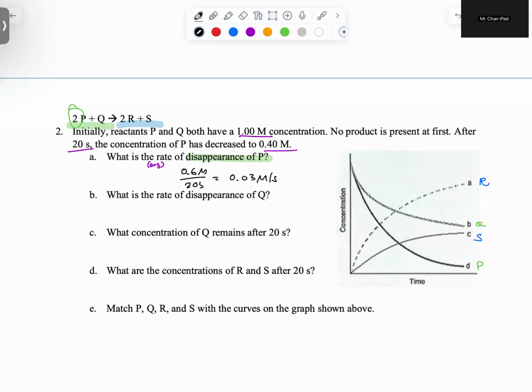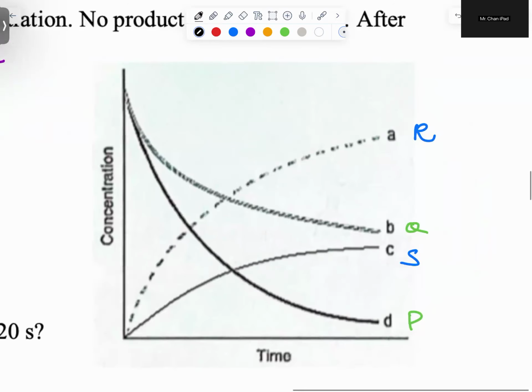Now, before I move on to the next part, I just want to make sure that you are very well aware of this based on your entire unit's understanding. First, this is just the average speed, the average rate. Will the rates be different afterwards? Well, if you look at the graph right here, seems like it's going to be different.